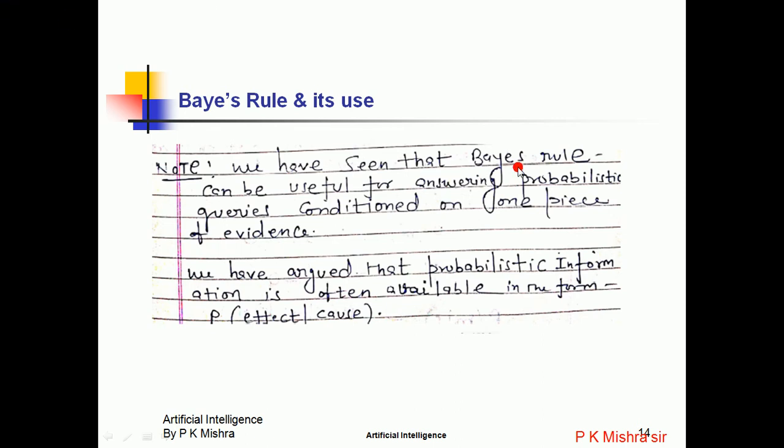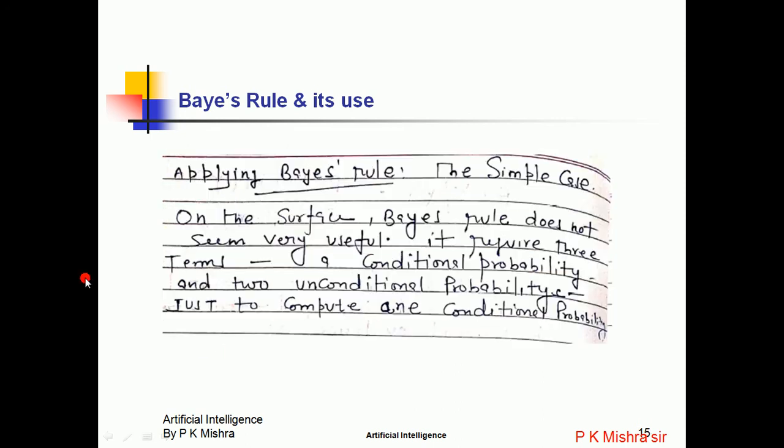We have seen that Bayes rule can be useful for answering a probabilistic query conditioned on one piece of evidence. We have argued that probabilistic information is often available in the form of probability of effect given cause.